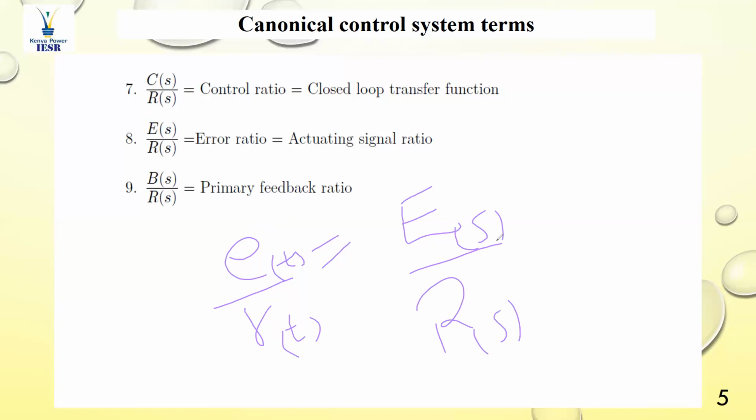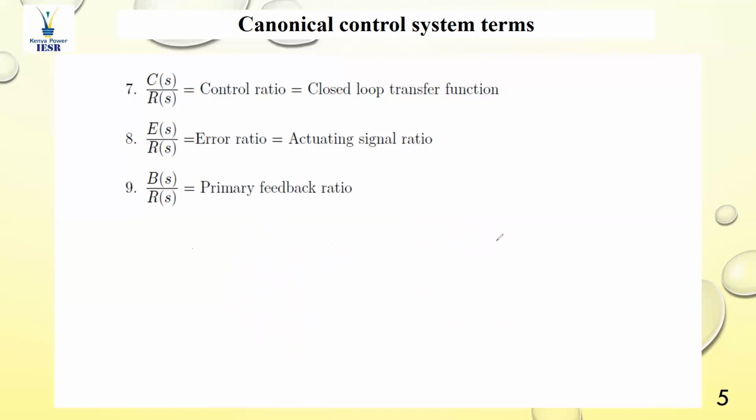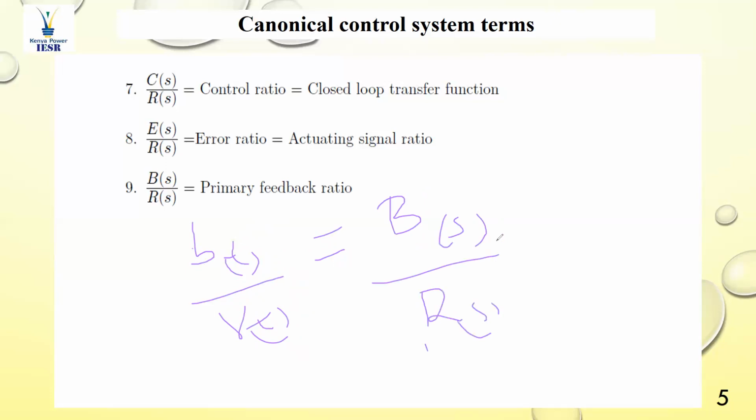And then finally, we have the primary feedback ratio. The primary feedback ratio is the ratio of the primary feedback signal to the input. Now finding the Laplace transform, we have that. This is the Laplace transform of the primary feedback ratio.